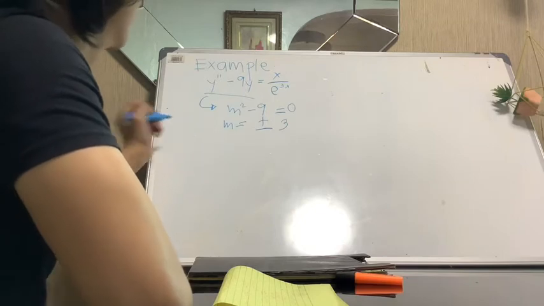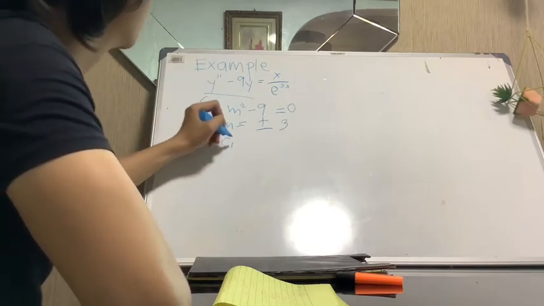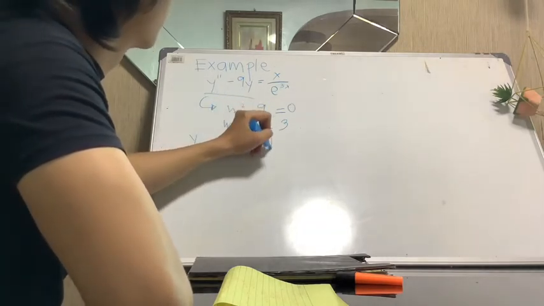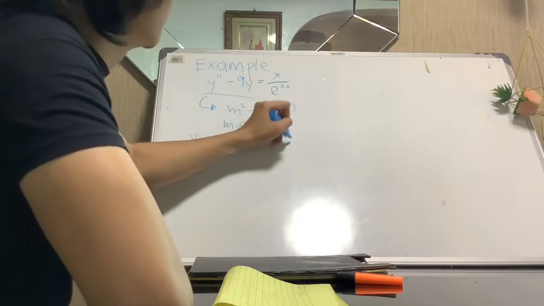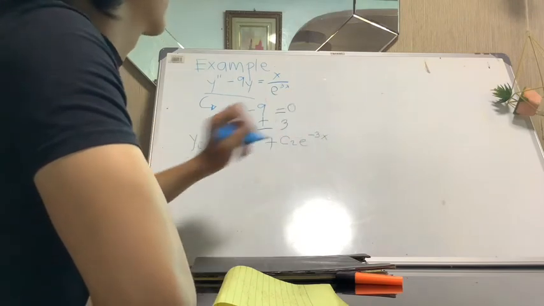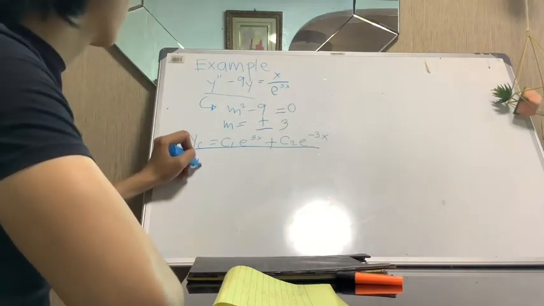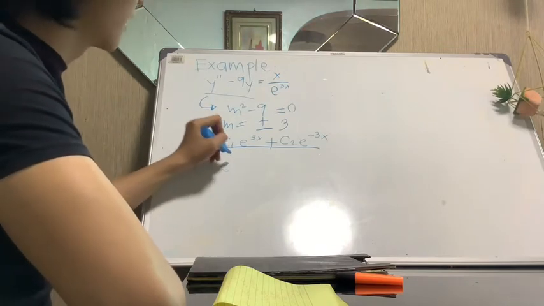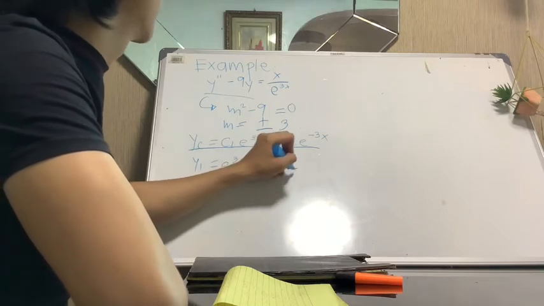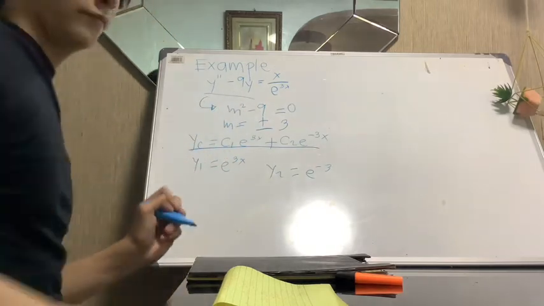Then what we will use is y_c equals c1 e to the 3x plus c2 e to the negative 3x. We will use this later. Then our y1 is e to the 3x, and y2 is e to the negative 3x.